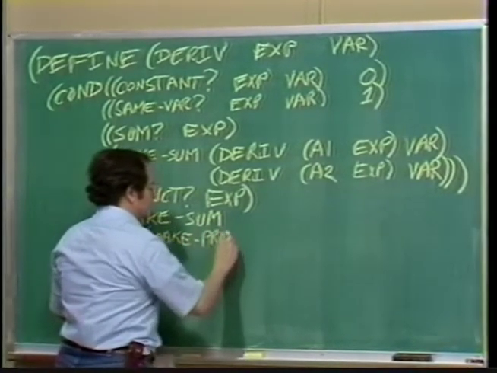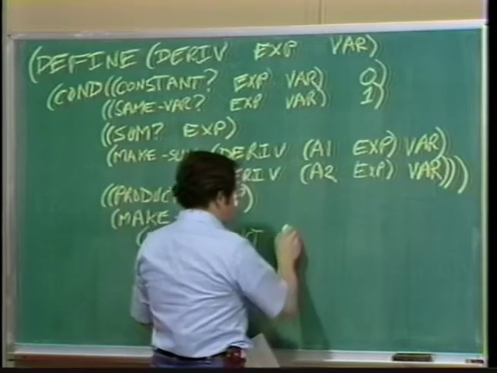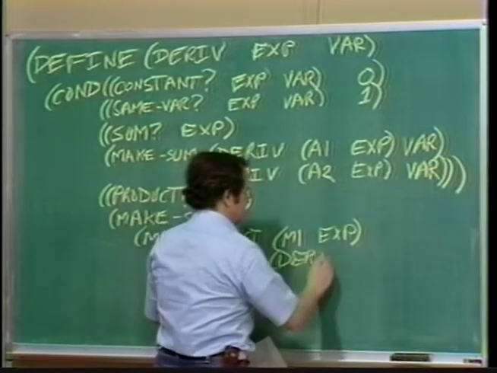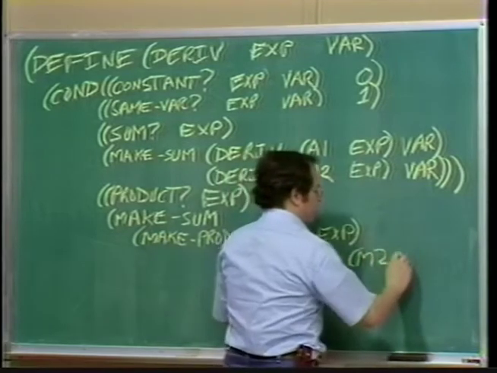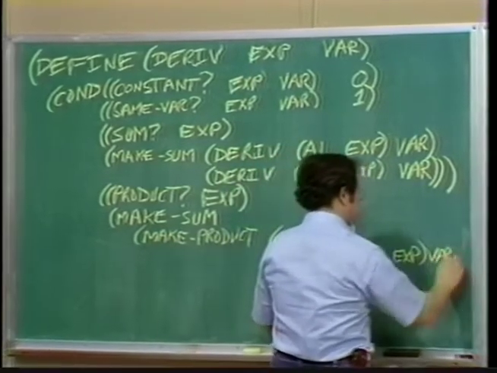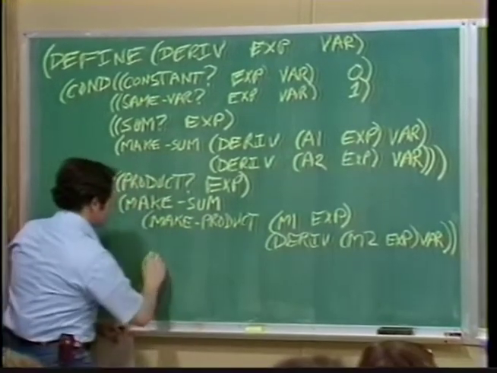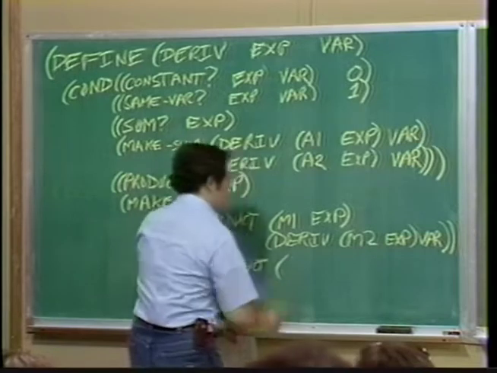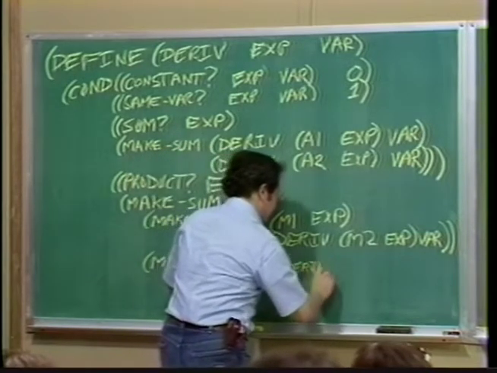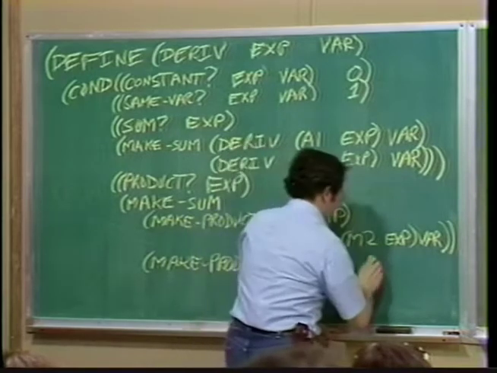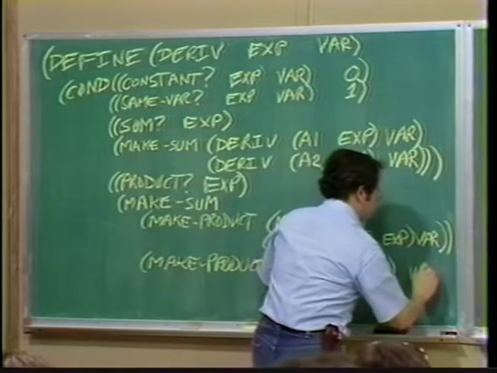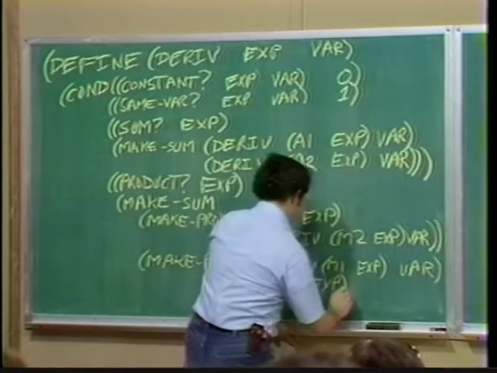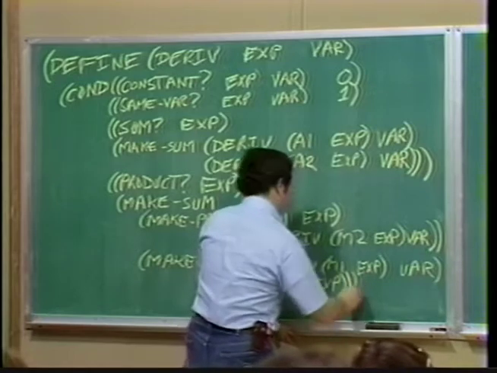A product of, well, I'm going to say the M1 of the expression and the derivative of the M2 of the expression with respect to the variable, and the product of the derivative of M1, the multiplier of the expression, with respect to the variable, and the multiplicand, M2, of the expression. Make that product, make the sum, close that case.